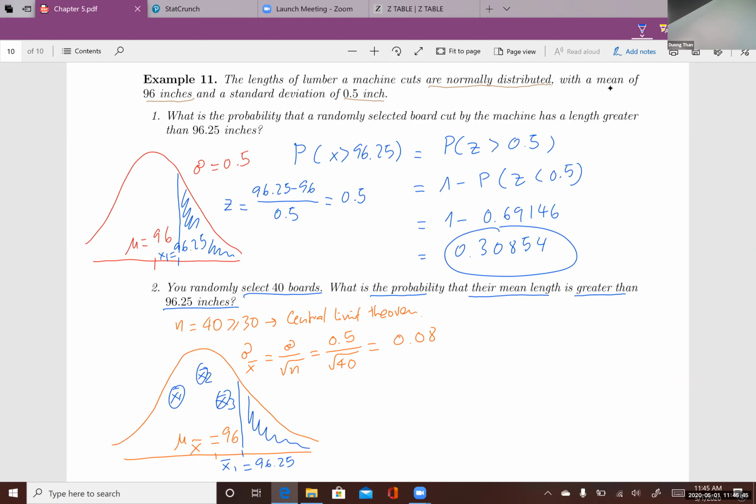First, again, I need to find the z value, because the sampling distribution is now normal, so I can use the z value. And the z value is going to be calculated using the same formula, equals 96.25 minus 96, divided by this standard deviation.